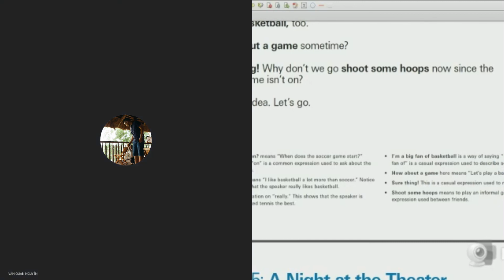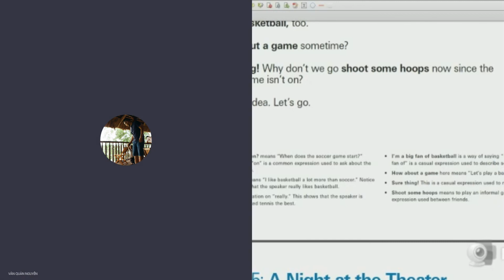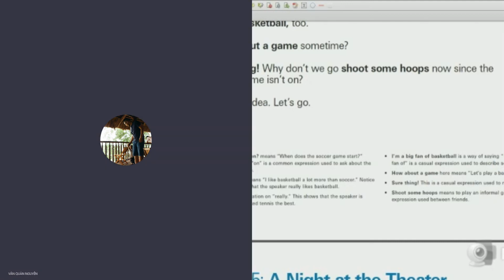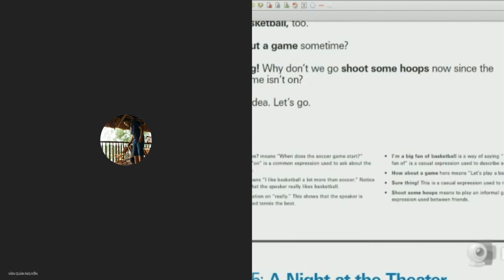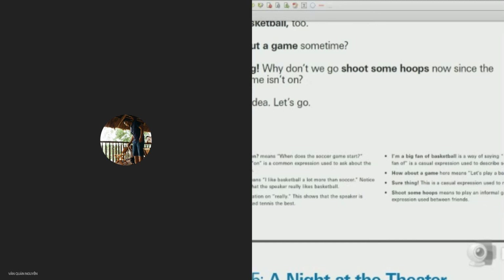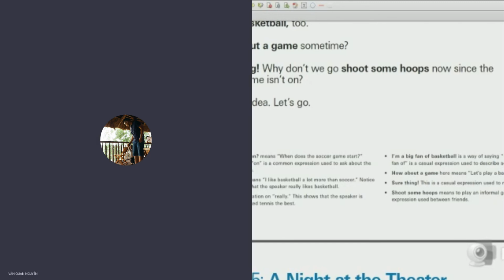To be a fan of is a casual expression used to describe something you really like. So when you say you are a fan of something, it means that you like something very much.